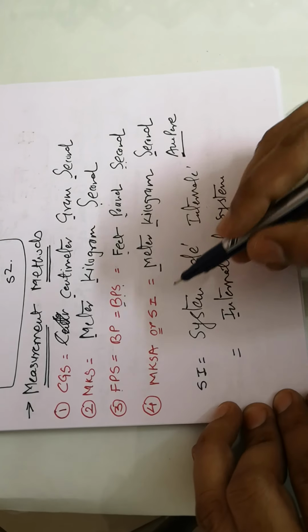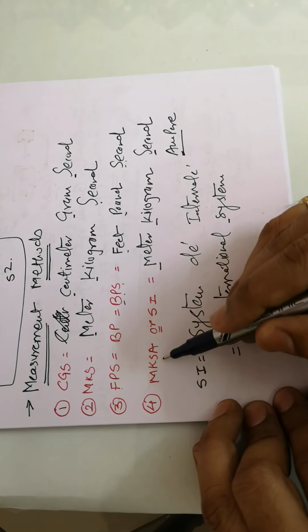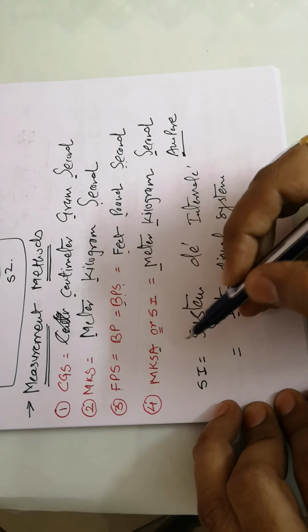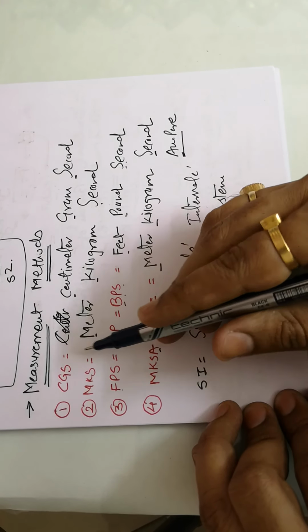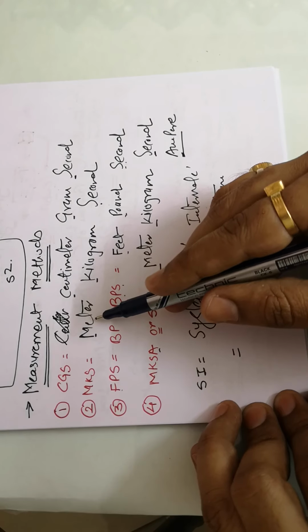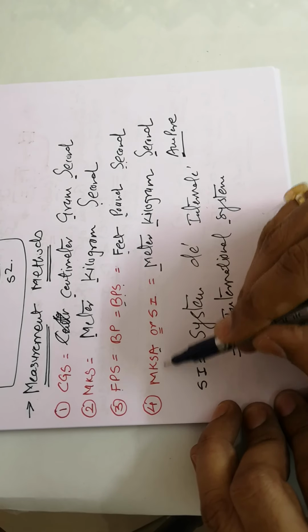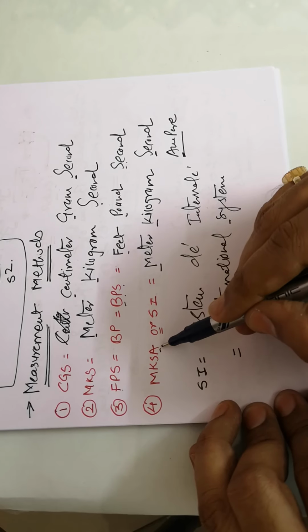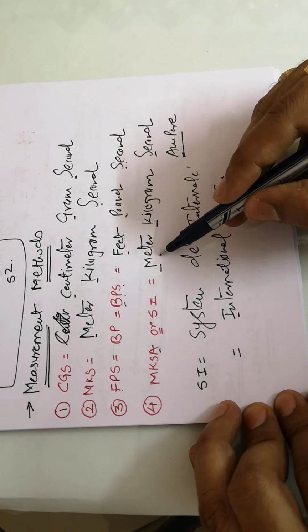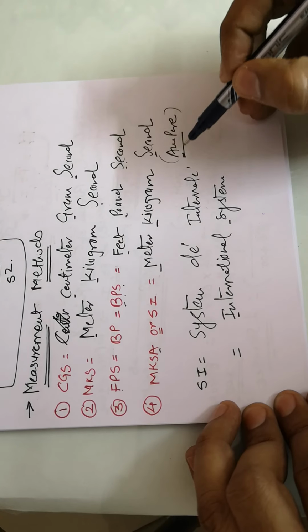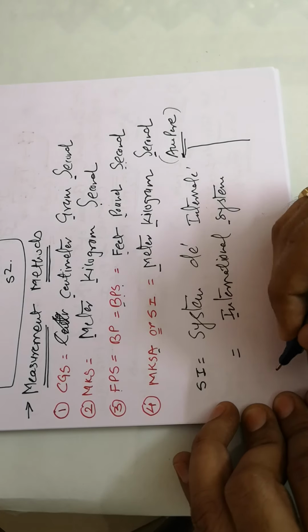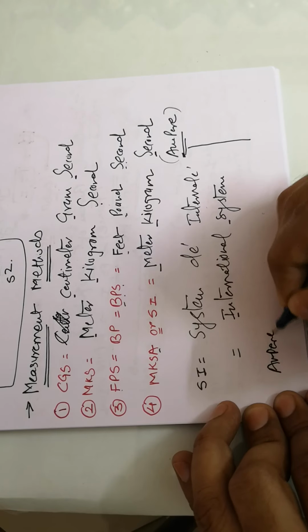You can observe that MKS and MKSA differ only in that MKS is merely the part of fundamental units, and MKSA is the meter, kilogram, second, and ampere method. Ampere is a new word for you, or you might be aware that it is the unit of electric current.